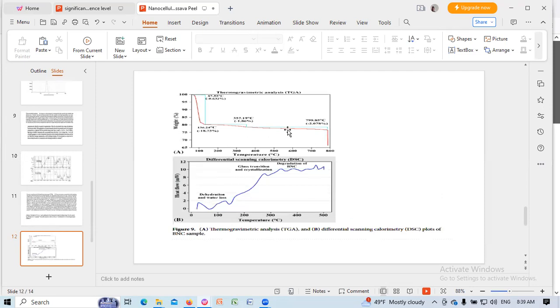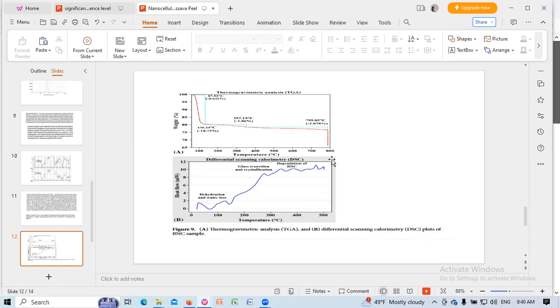This is the TGA and DSC curve: thermogravimetric analysis TGA and differential scanning calorimetry DSC plots of bacterial nanocellulose.